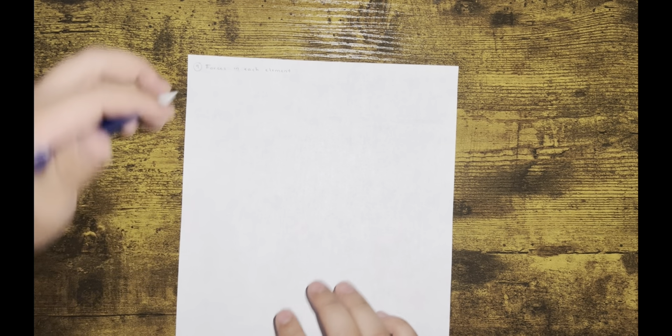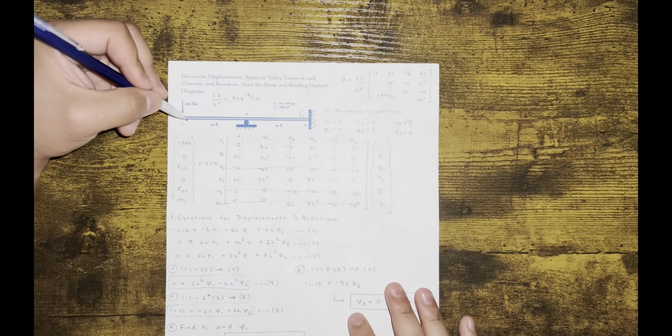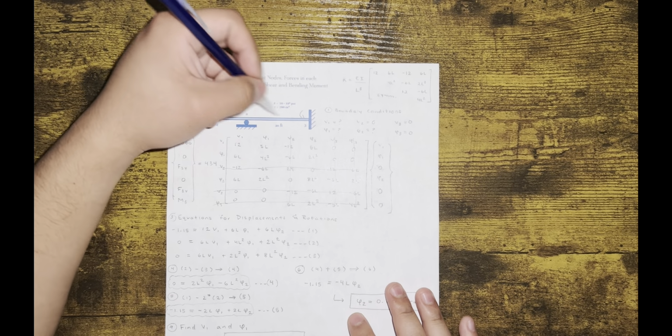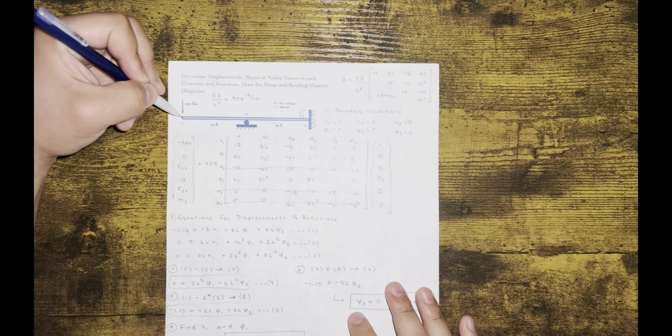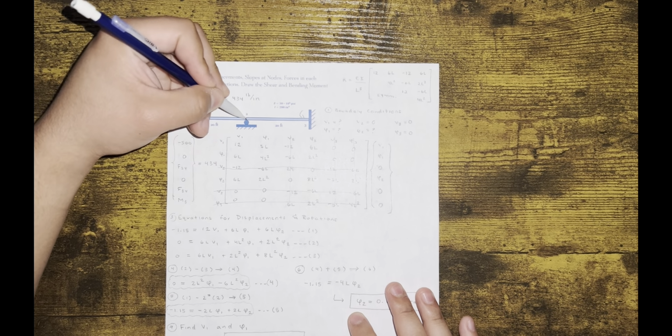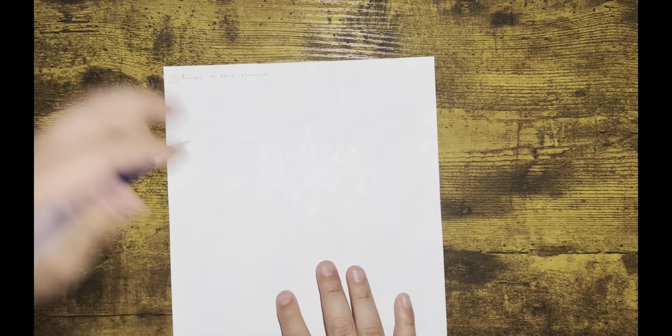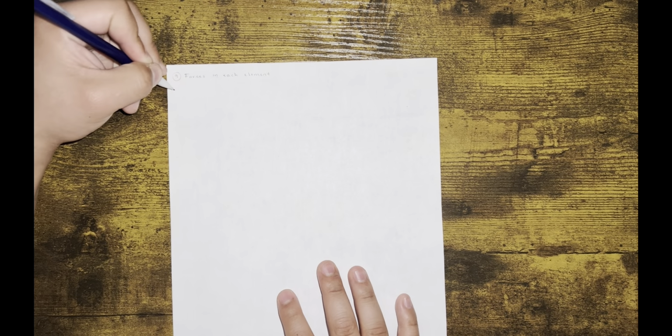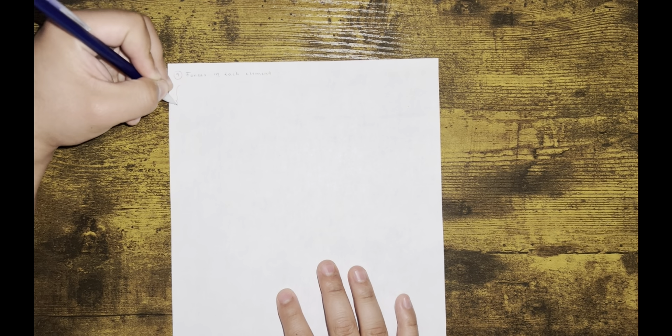Okay, so element 1 is this one right here. Element 2 is this one right here. So element 1 goes from node 1 to node 2. So let's go ahead and do that. And when you do elements, it's usually between 2 nodes, and in this case there's 2 degrees of freedom for each node, so it's a 4x4. So there's a 4x1.